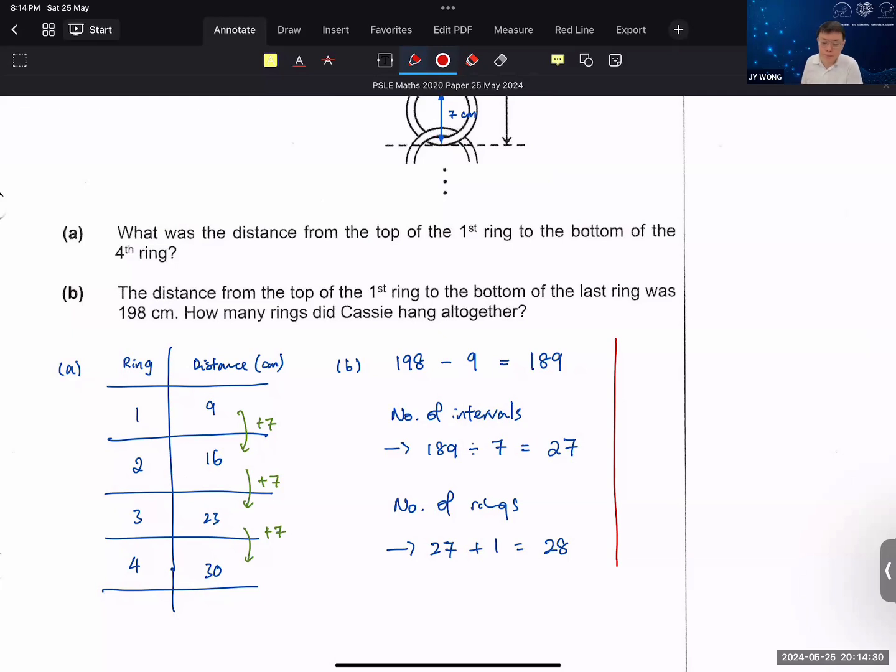Up to you. If you prefer using addition instead of using subtraction, in this case, it is perfectly fine.